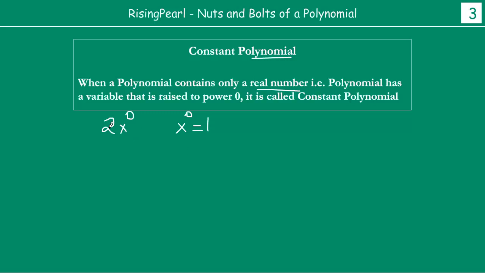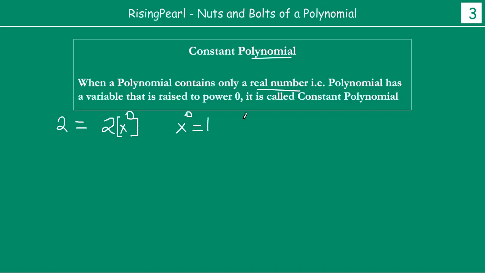So अगर आपको कोई सिर्फ 2 दे, then you can think that there is a variable which is raised to power 0. So if you have 2, we can think it is 2 equals 2 times x to the power 0, right? So in this case, ये जो 2 है, it is called a constant polynomial.